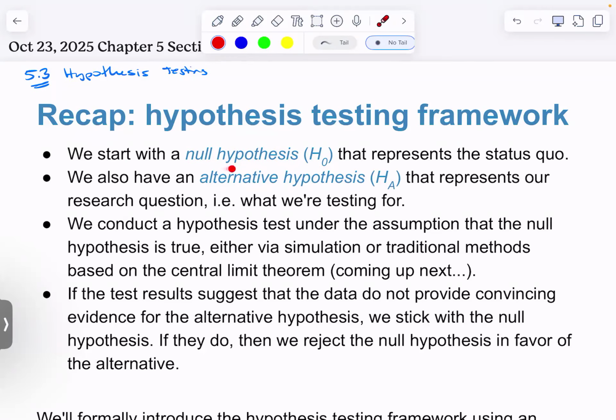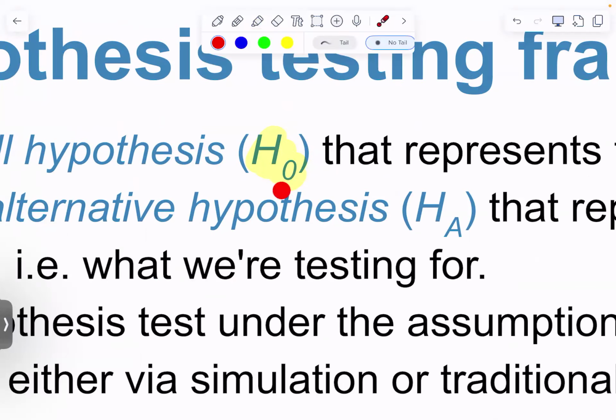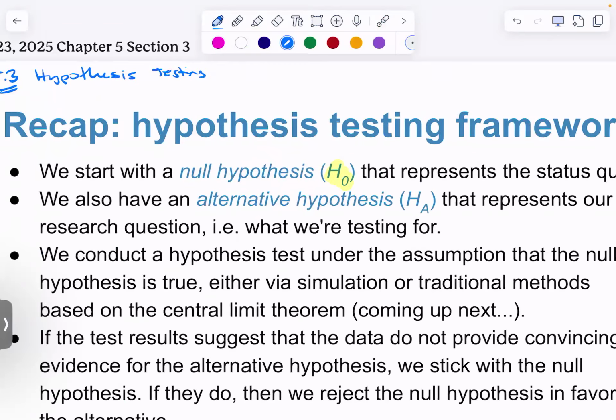We start with some null hypothesis, which we're going to denote by H subscript 0, which we read as H naught. And naught is null, so H null.